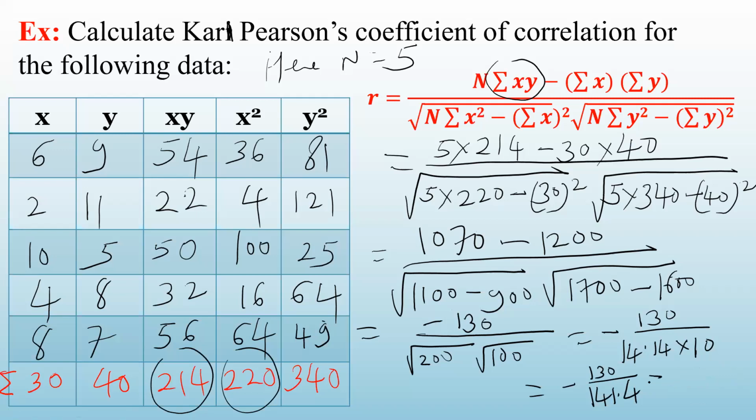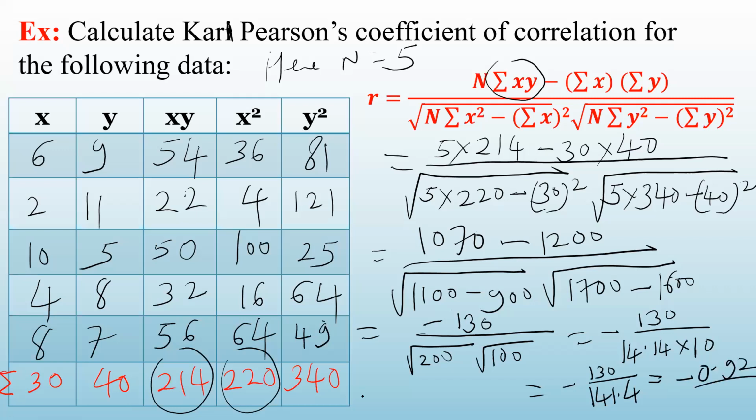So it is minus 130 divided by 141.4. So that is minus 0.92.